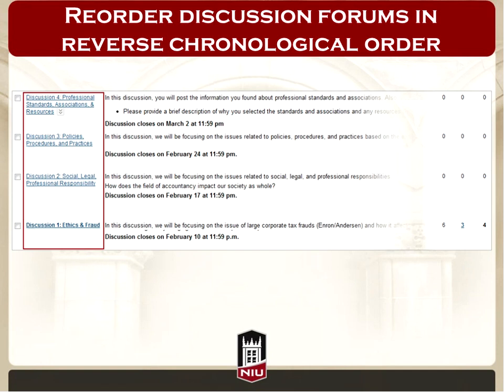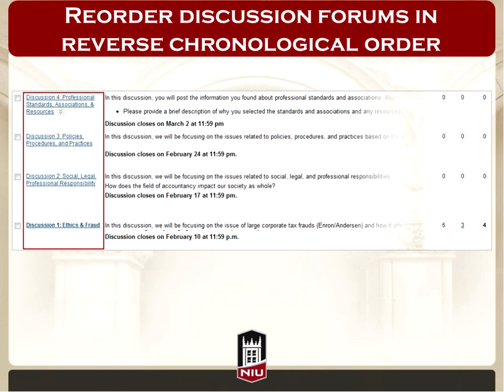So again, I've provided another tip, which is to reorder your discussion board forums in reverse chronological order. The reason you would want to do that is because if you did have a long list of forums being made available, you'd want the most current one to be right on top. That way they don't have to scroll down to the bottom to access the most current forum.